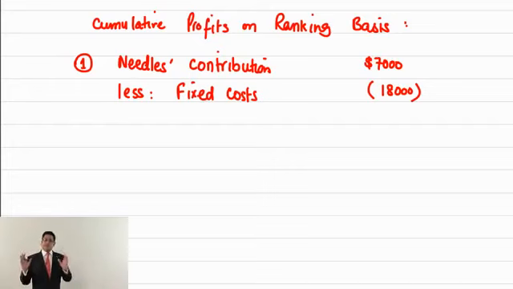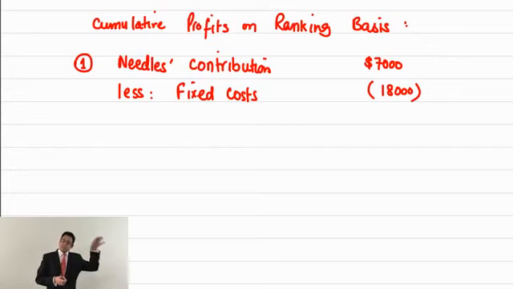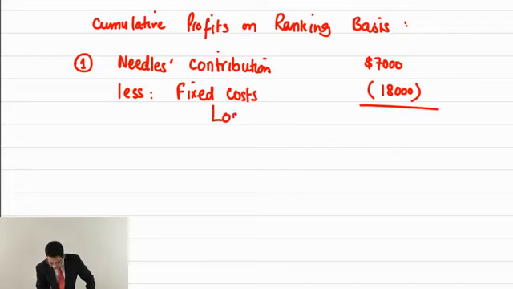So if we are only selling needles at the moment, our total fixed cost of $18,000 will stay the same. If for the first month we are only selling needles, we still have to pay the same rent, same insurances, etc. So 7 minus 18, there will be a loss arising from needles, 11,000.